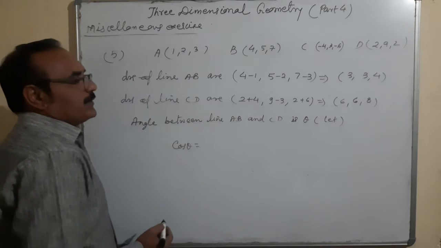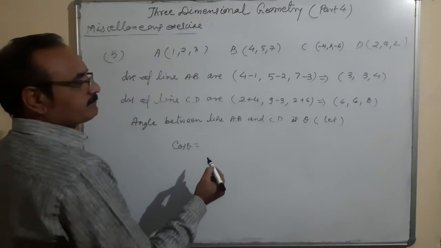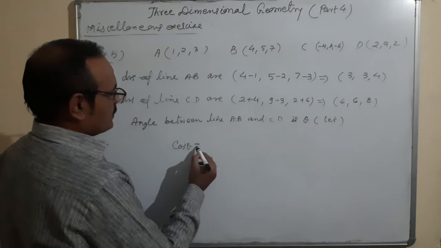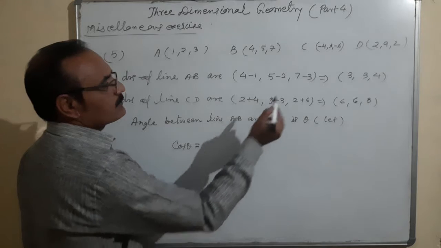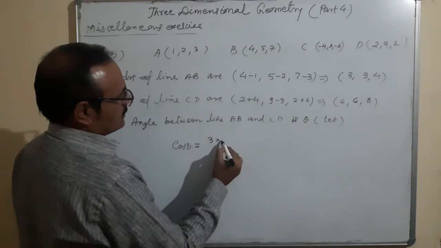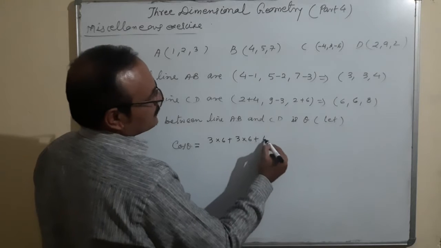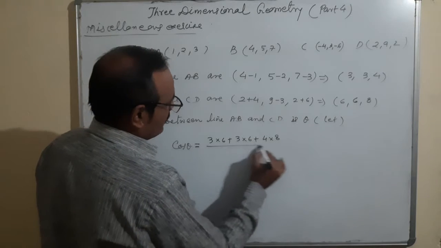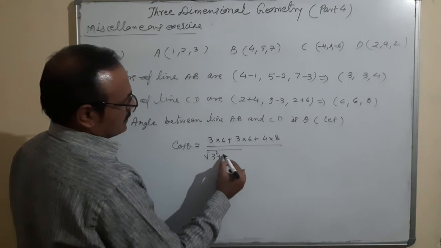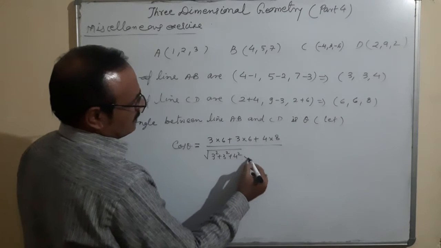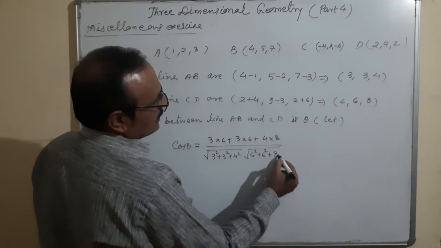So the angle between them: cos theta is equal to (A1 A2, 3 into 6, plus B1 B2, 3 into 6, plus 4 into 8) upon under root 3 square plus 3 square plus 4 square, under root 6 square plus 6 square plus 8 square.